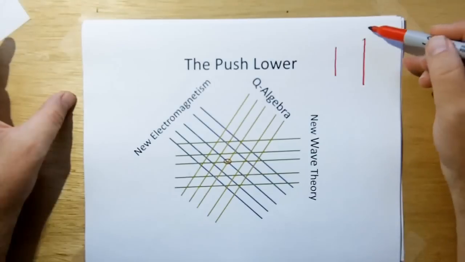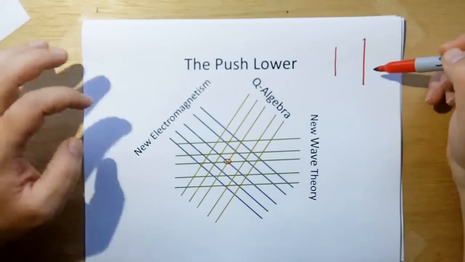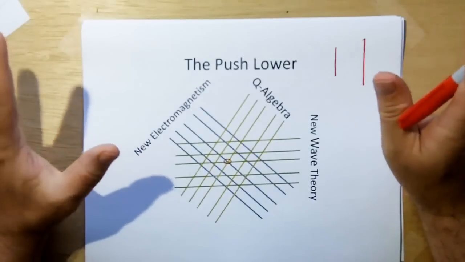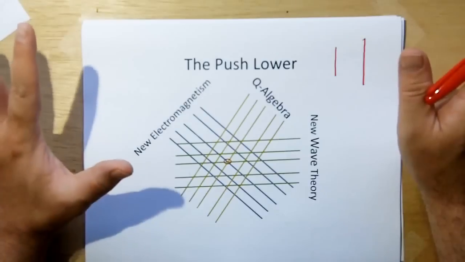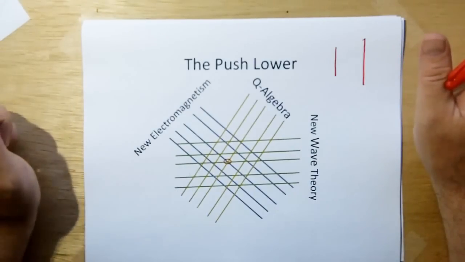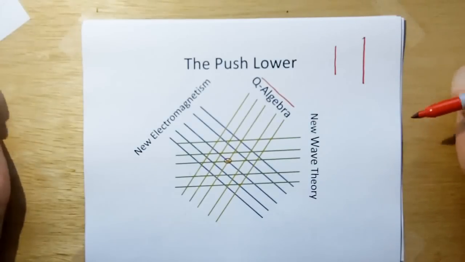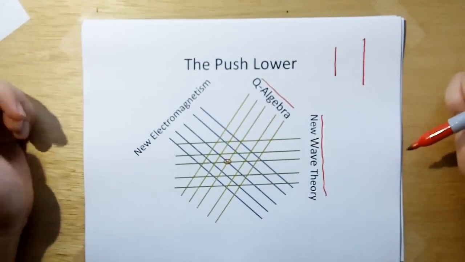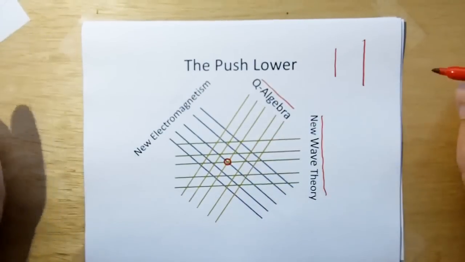So all of our observations have to be made at the electronic level. And we're using new electromagnetism, which I'm trying to make the most complete, least ambiguous model of electromagnetic observations, aligned with corrected vector algebra, which I'm calling Q algebra, and a new wave theory, which I haven't released yet. Somewhere, these models are going to overlap and give us a solution.